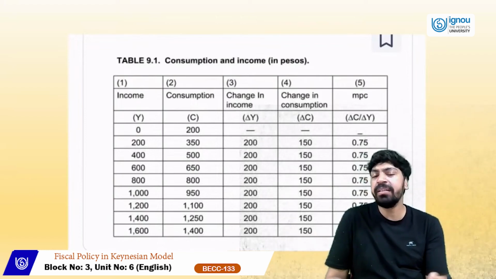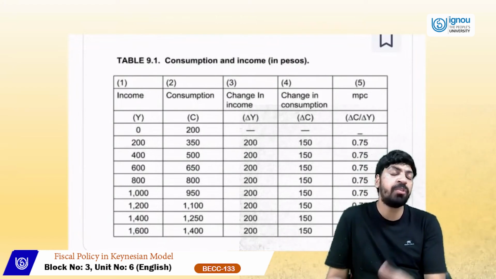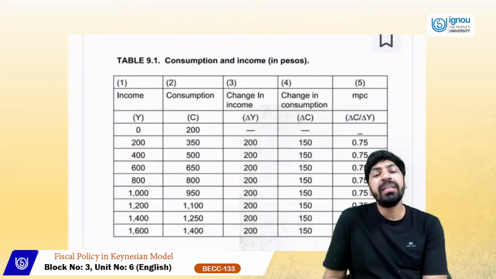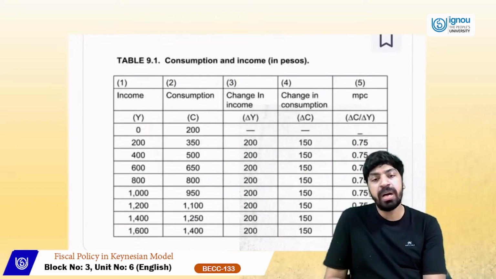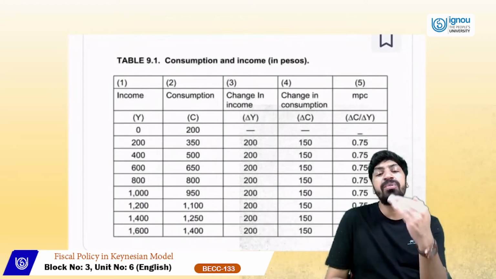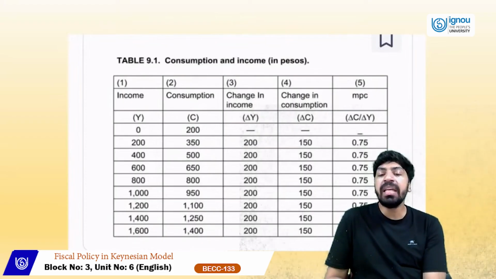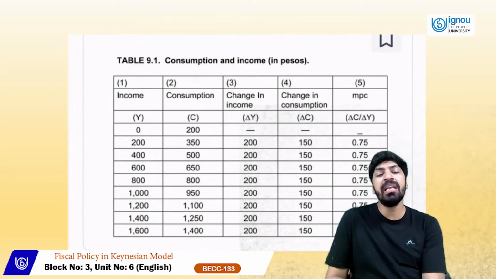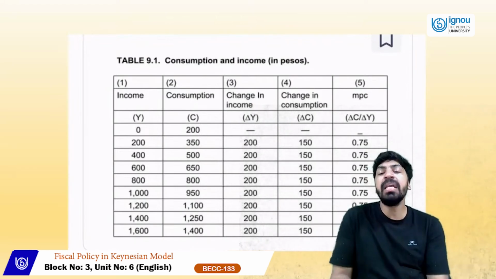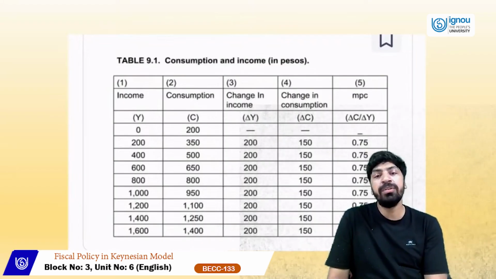That means we can put either a dash or 0, it's up to the learner's choice. For the next ones, delta Y is 200 minus 0, 200; 400 minus 200, 200; 600 minus 400, 200; and so on; then finally 1600 minus 1400, which is 200. So the change in income is always equal to 200 rupees.